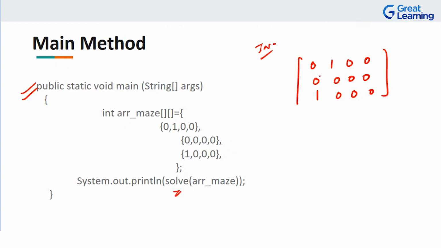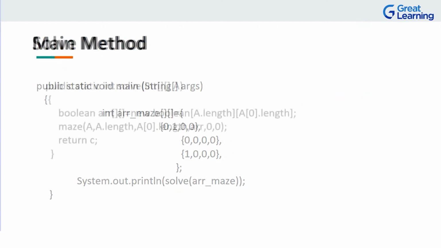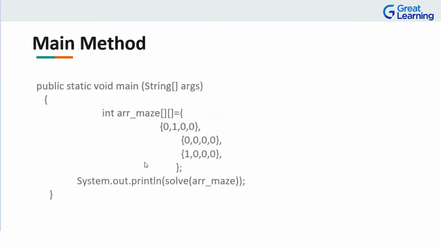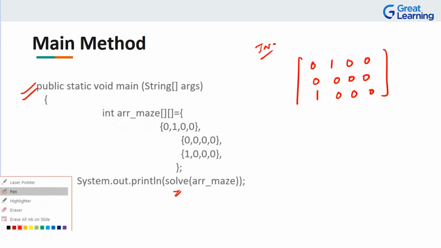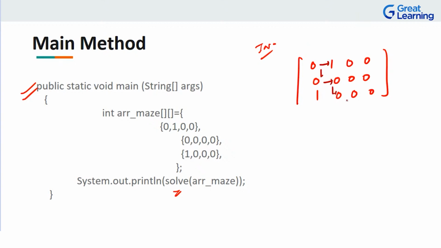Now let's try to dry run and see how many ways there are. Let's see how many outputs we should get. So here you cannot go, here you can go. After that you can go here, you can go here, and you can go here. Okay, so this is your one path.